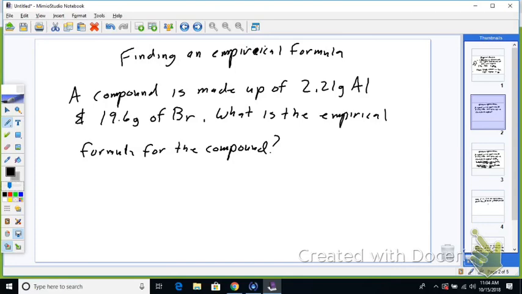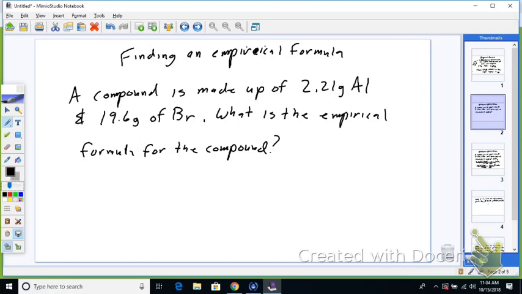So Dalton said these atoms, when they get together to form compounds, are always going to get together in a whole ratio. We have to have whole atoms that go together. It could be a 1 to 2 ratio, 1 to 3, 2 to 3, whatever that ratio is. So now that we can count atoms by knowing their weights, now we can find out a formula.